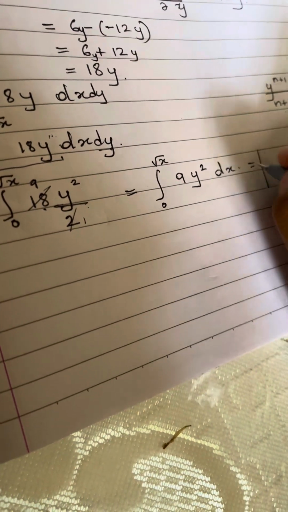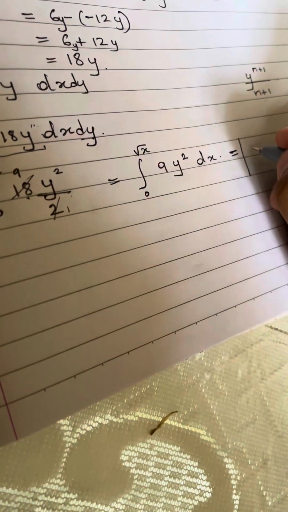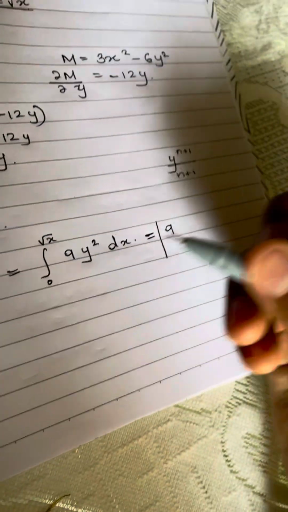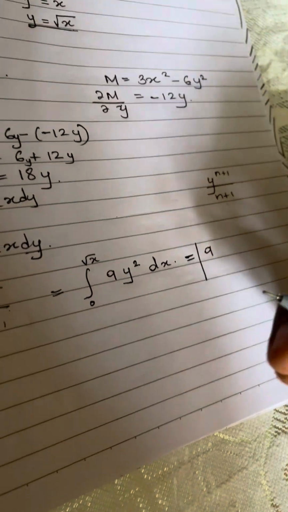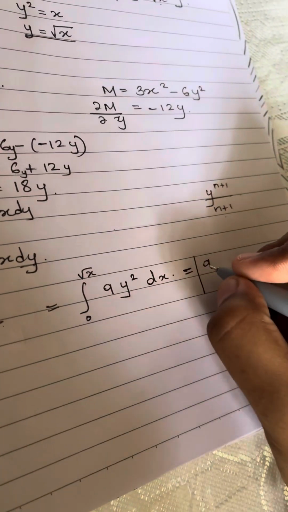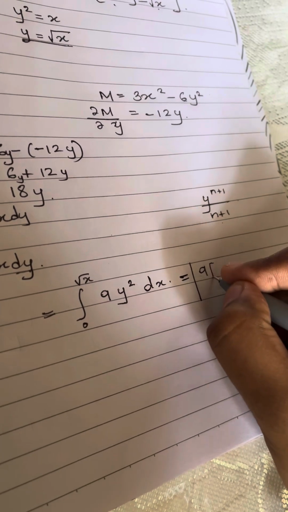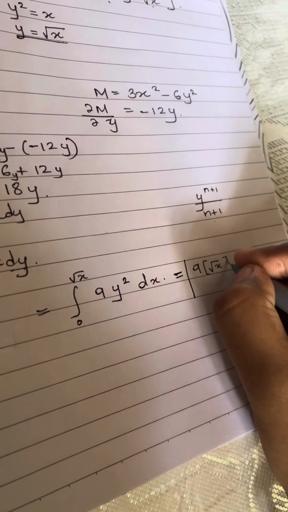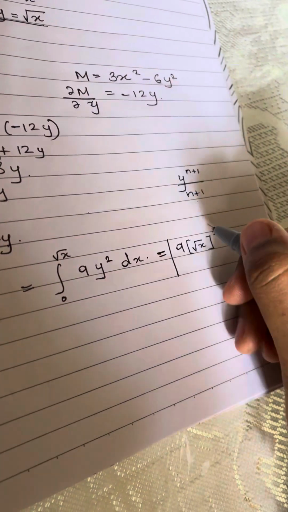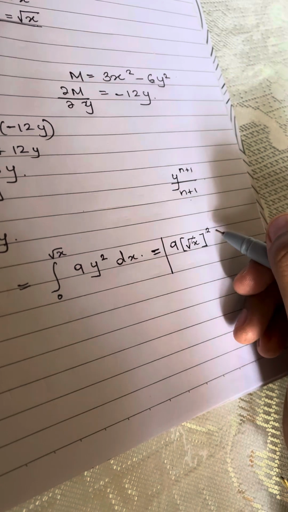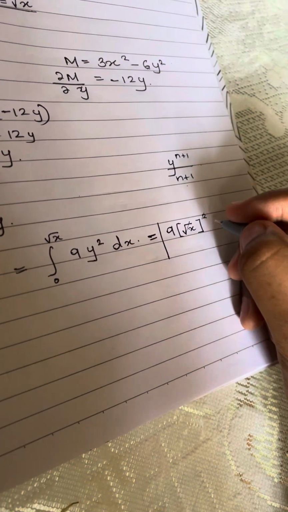Now you have to put the integrals. So here 9, and in place of 0 you don't consider it, because even if you put 0 you get 0 only. So 9, then when you put this root x in place of y, the root and the square will get cancelled.